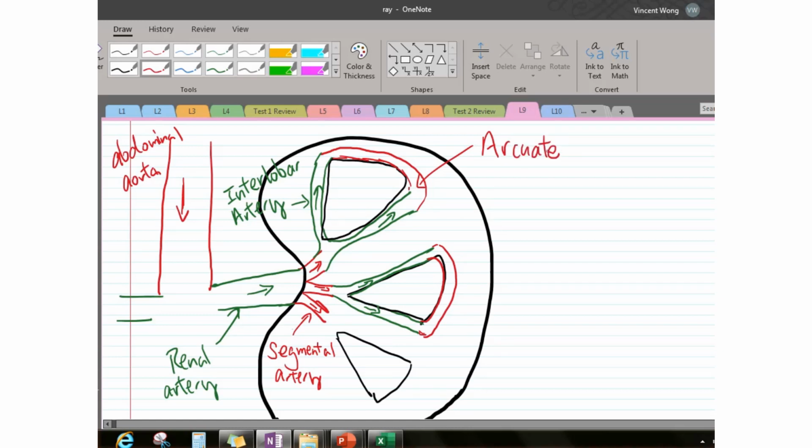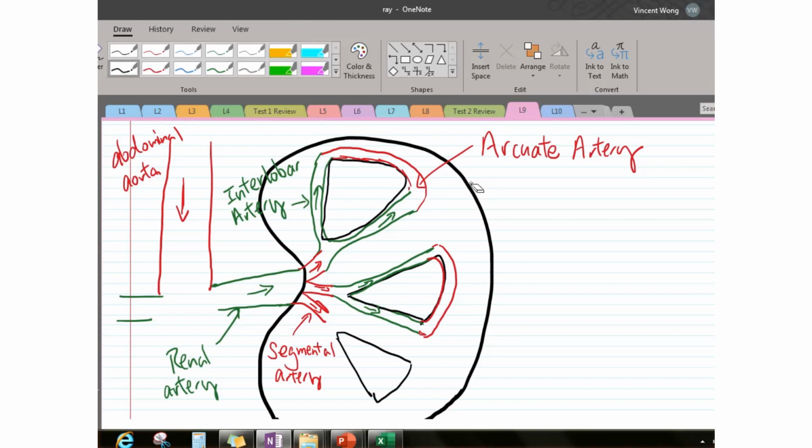Arcuate is basically an adjective to describe an arch. The arcuate artery is located at the boundary of the renal cortex, the outside, and the renal medulla.